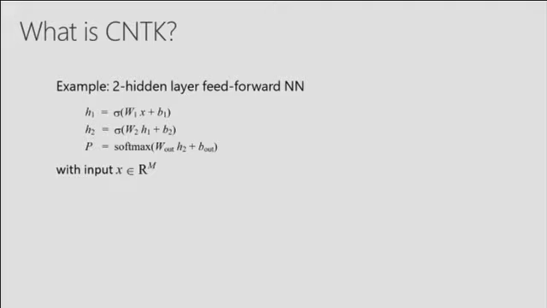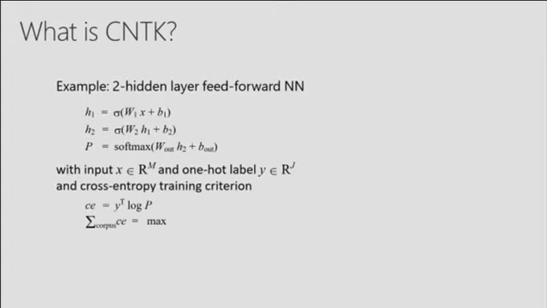Then you take the first hidden layer's numbers and do the same thing: multiply a weight matrix plus the bias, run through a nonlinearity, and you get the second hidden layer. And then the third one, you just multiply W out plus a bias, and going through a softmax will produce the output for this particular network. This is probably one of the simplest neural network models you can use.